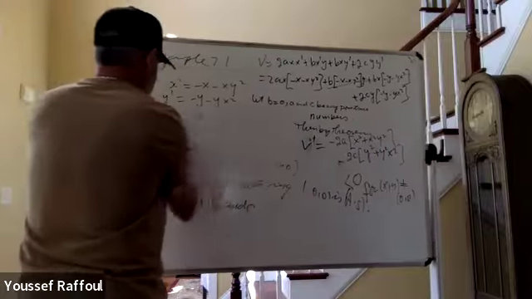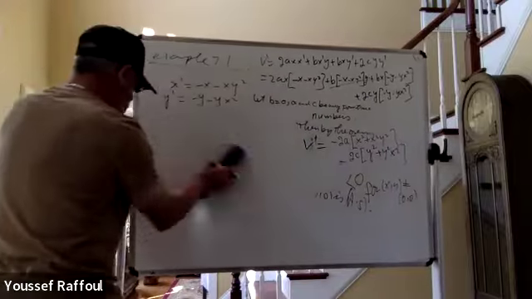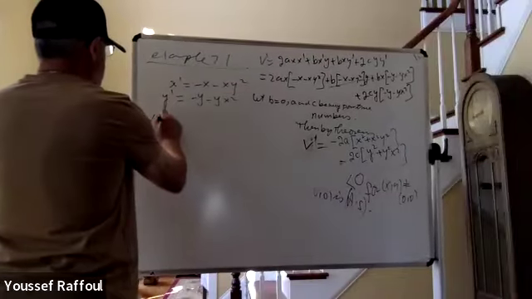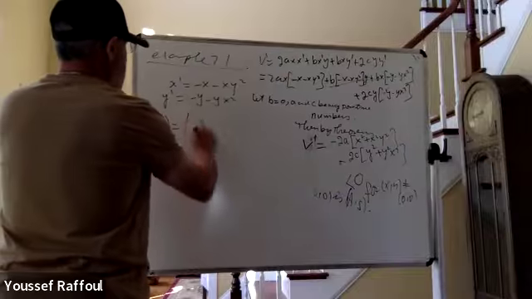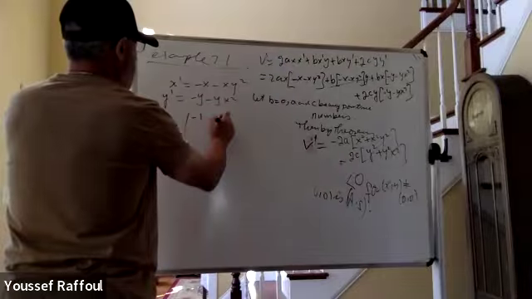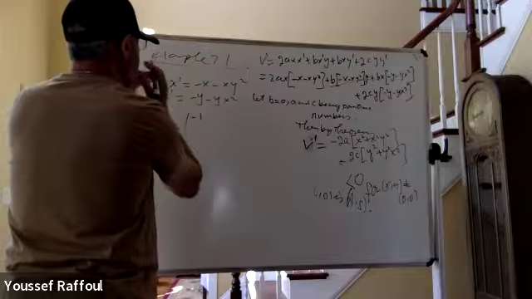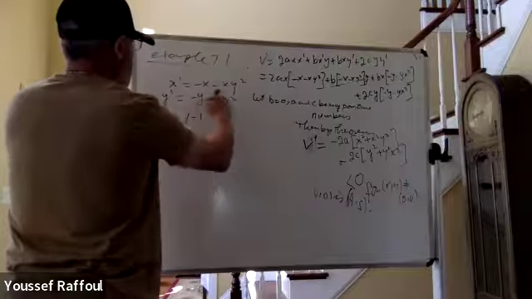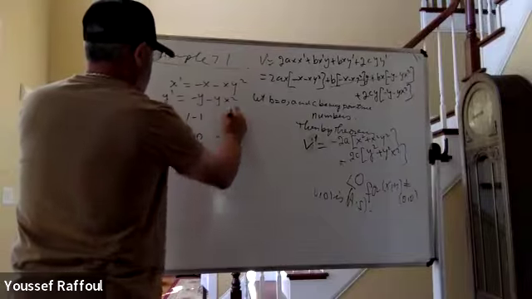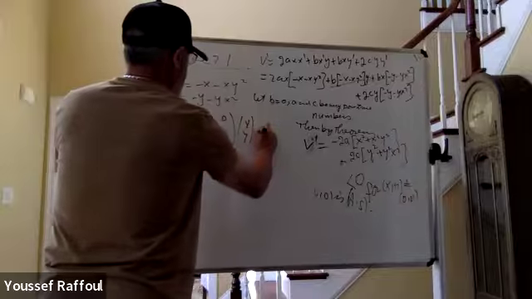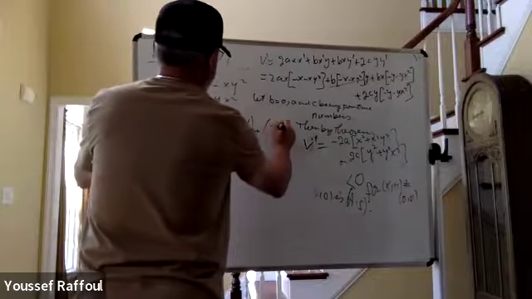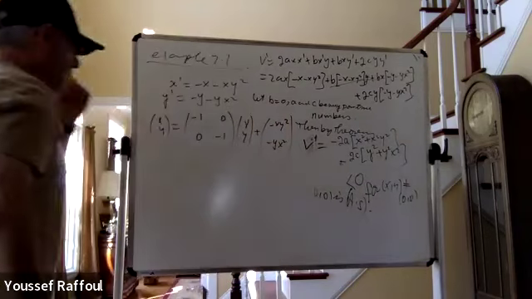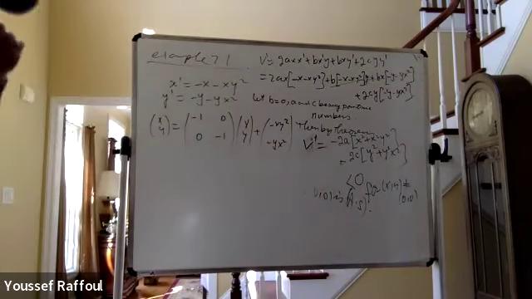Look, if you do linearization, you should get the same answer. If you do linearization, you get (x,y) prime equal to the matrix [minus 1, 0; 0, minus 1] times (x,y), plus minus xy squared, minus yx squared. Okay?